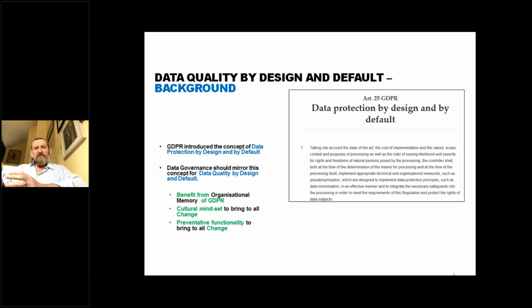The fact that one phrase is mirroring the other adds power to both, and it should capture the mindset and clarify that these are very similar things, and they're both demanding the same thing: you do this by design, you build things in, you plan, you anticipate, you don't just react. So this sense of getting the cultural mindset around these two phrases together, I think, adds power to both.